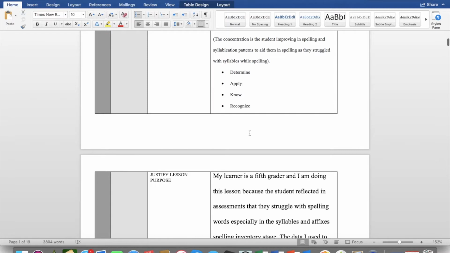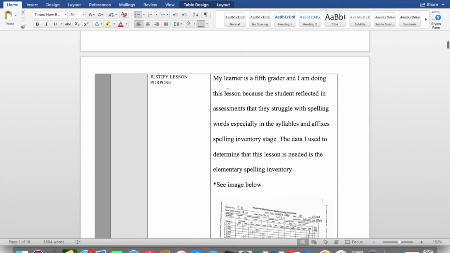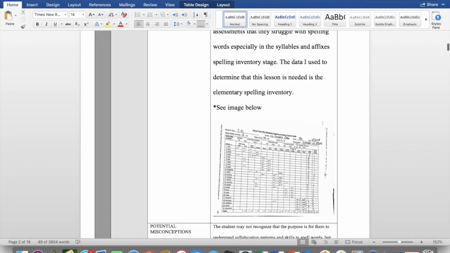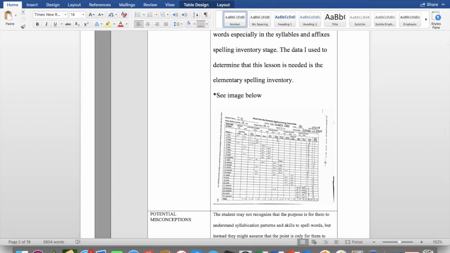And then you have to justify the lesson purpose. So my justification was my learner is a 5th grader, and I am doing this lesson because the student reflected in assessments that they struggle with spelling words, especially in the syllables and affixes spelling inventory stage. And you can see here where I pasted the actual pre-assessment of the student.